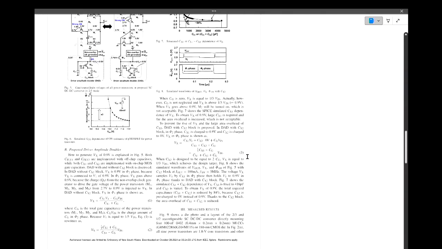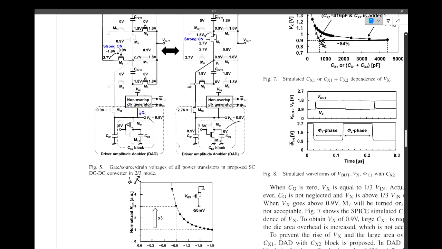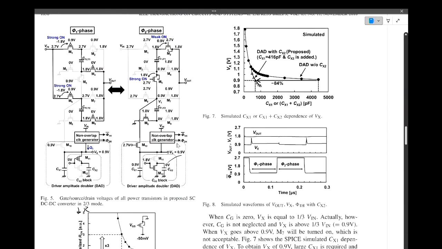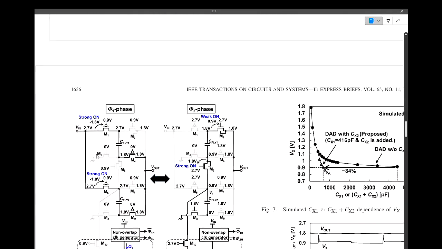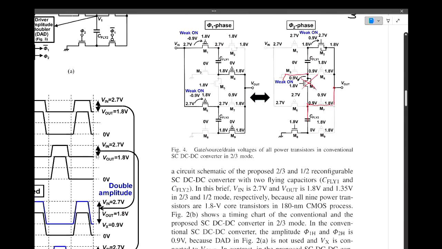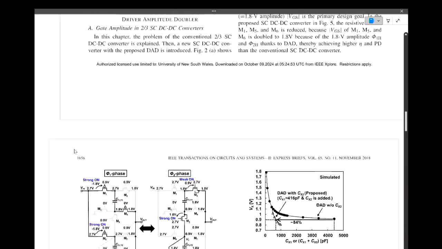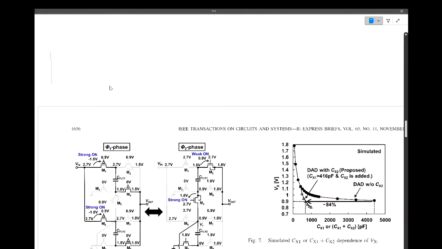Sorry, I kind of forgot about the entire point of this paper. Like we said earlier, they wanted to increase VGS to decrease the on resistance and improve efficiency. The way they improve VGS is that they changed how the clock works.